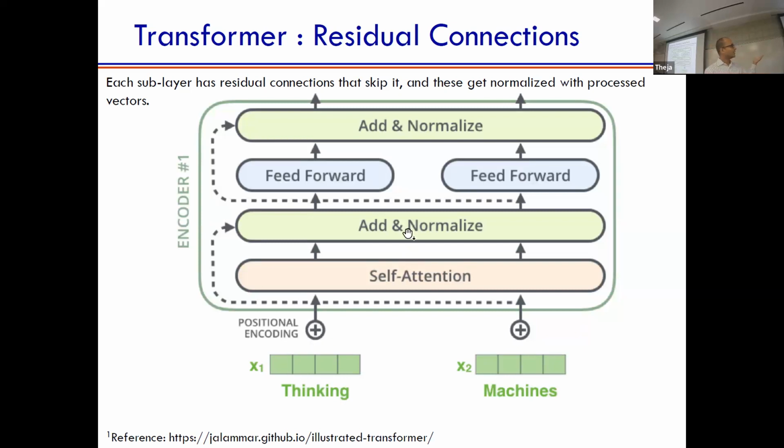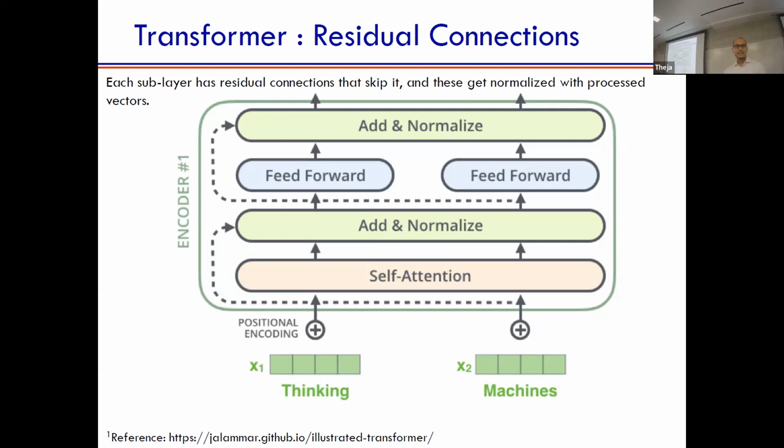Here, what they suggest is what is called addition and normalization, which was influenced by a paper that came a year before. We'll open this block in a second. It's nothing complicated, just one choice that they made.